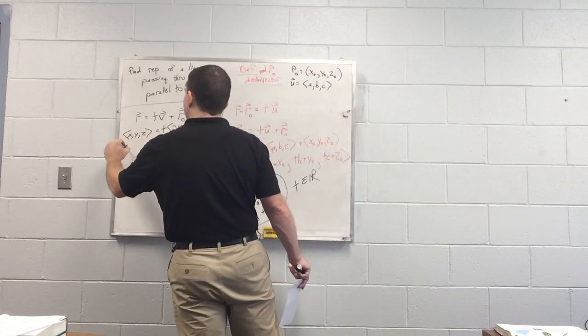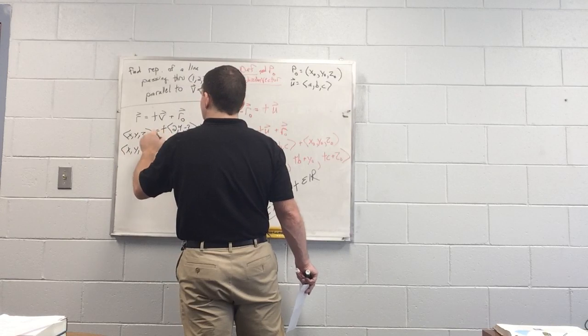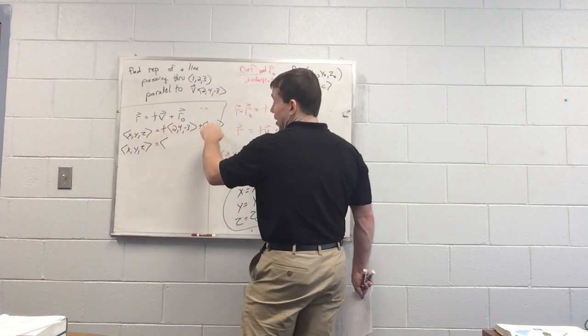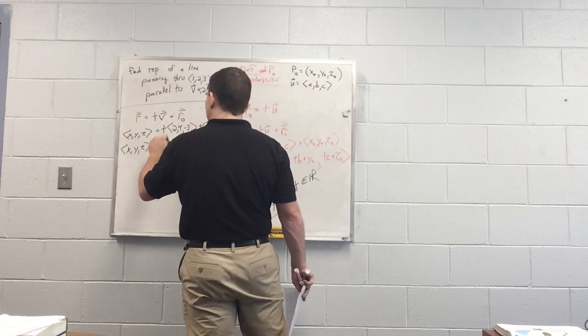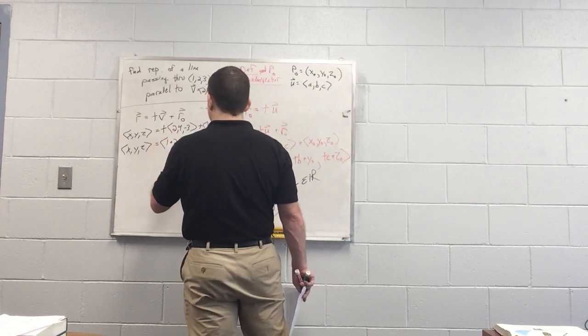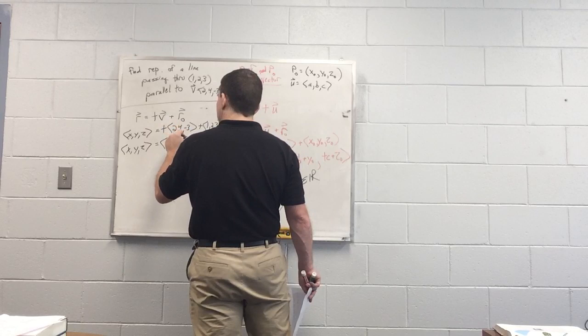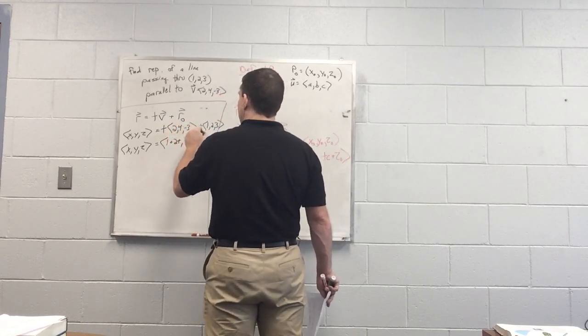And then I get xyz is equal to, again I'll do the scalar product and then the vector addition, but I'll reverse it. So I'll get 1 plus 2t, 2 plus 4t, 3 minus 3t.